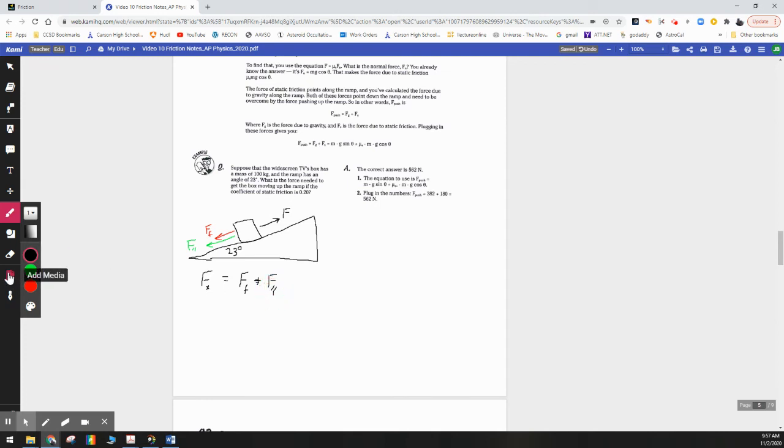Let me erase this real quick. And there we go. So it has to overcome both the frictional force and the parallel force.